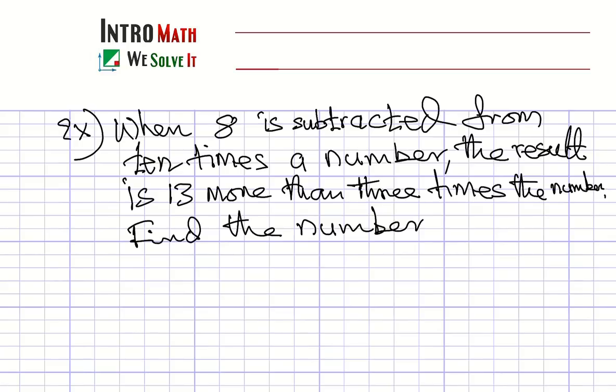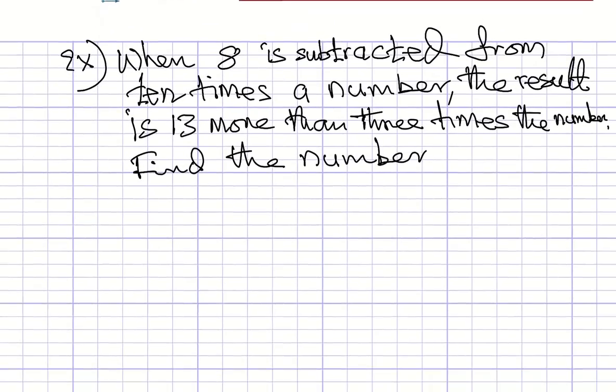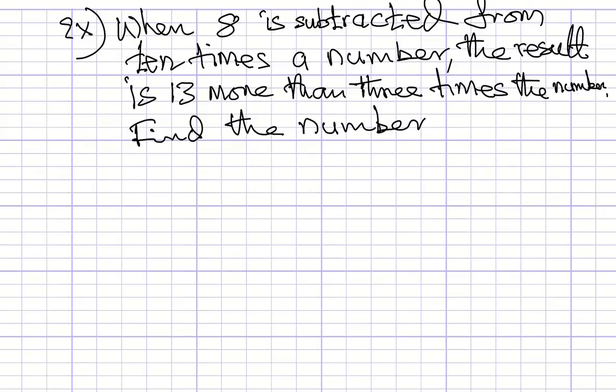When 8 is subtracted from 10 times a number, the result is 13 more than 3 times the number. Find the number. All right, so again, you start by reading carefully, understand what it's saying. The first step is to read it carefully, which we have done, right?